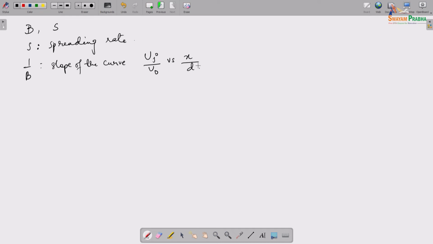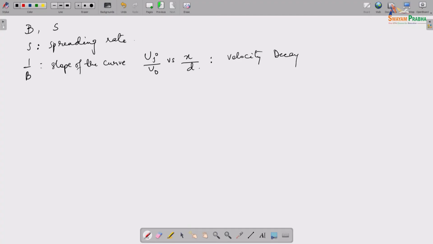So what we had done, I'm going to quickly remind you, is that B is an empirical constant, the slope of the curve, and this is also the velocity decay constant, and of course S is the spreading rate.